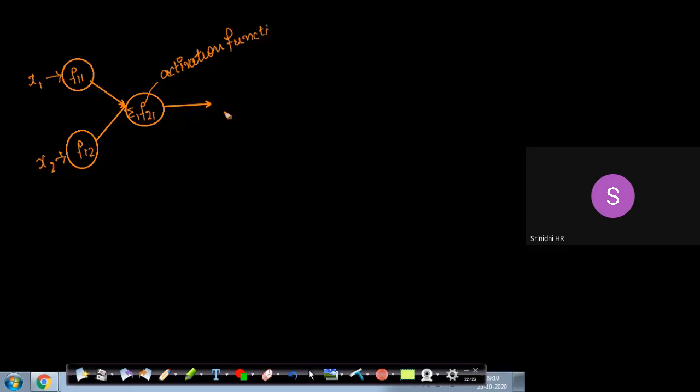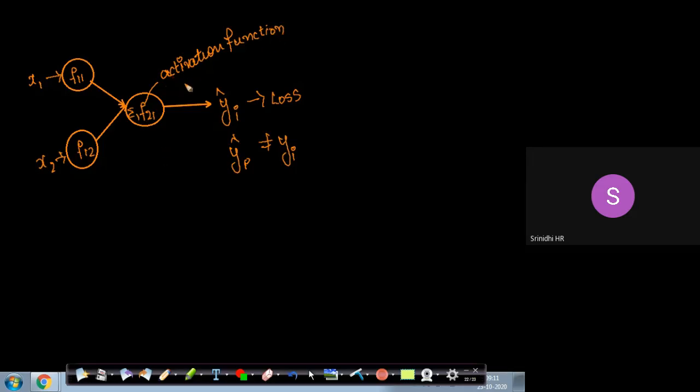Let's assume it produces some yi cap, so that there is a loss with respect to yi cap, since yi cap is not equal to yi. So I'll be applying one function to all my inputs and generating my output. This particular function, I'll call the activation function.